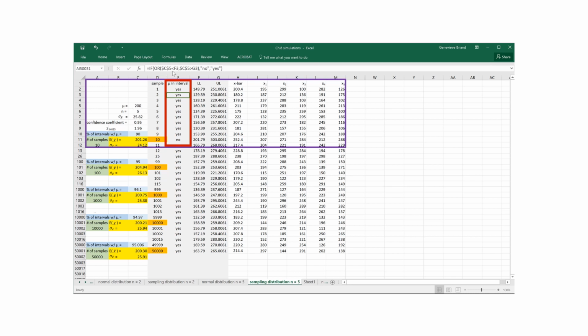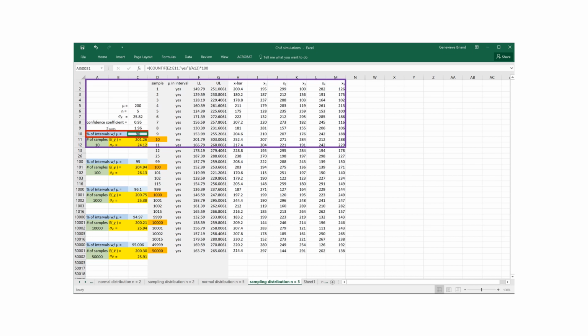If this value is less than the value in cell F3, so the lower limit, or if it is greater than the value in the upper limit, which is stored in cell G3, then it's outside the lower limit and the upper limit, then it is not contained in the interval. And if those conditions are not met, it must mean that it is in the interval, so write down yes.